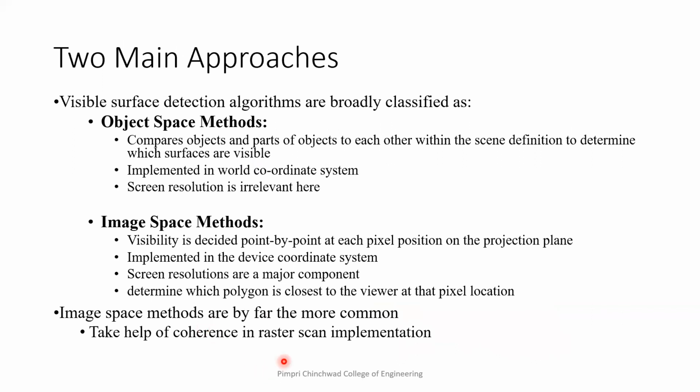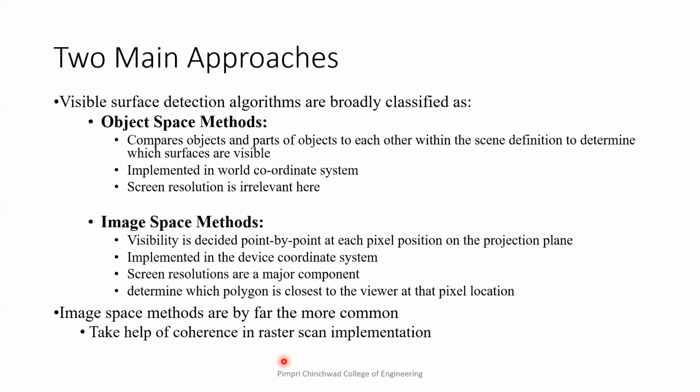Now we can say that theoretically object space algorithms require less work, because once it is done, it can be applied for all the devices, right? So most algorithms should be implemented in object space, but in practice that is not the case.